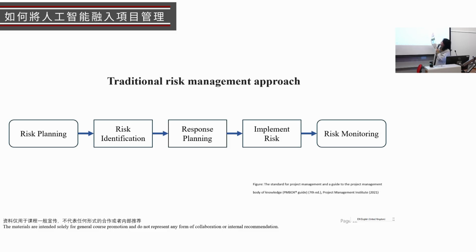Then we go into the stage of taking action when the risks occur. And then the final stage is risk monitoring. That means we will update our plan over time. So it's a very traditional risk management workflow.